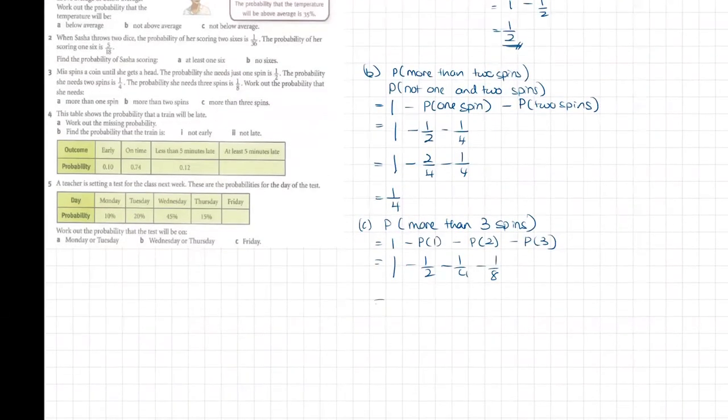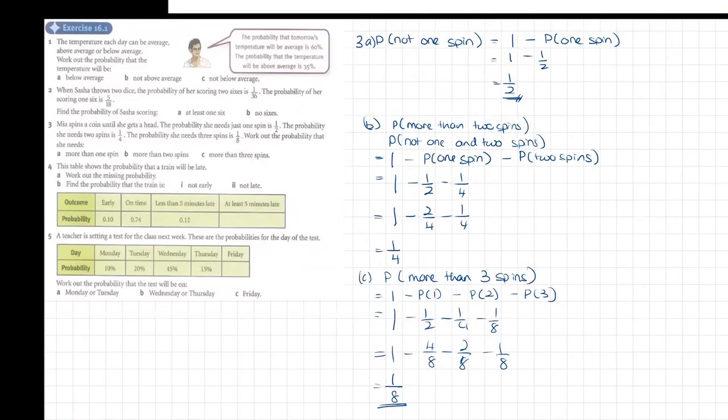Change all the denominators to 8: 8 over 8 minus 4 over 8 minus 2 over 8 minus 1 over 8. The answer will be 1 over 8. All right, so that is question number 3.